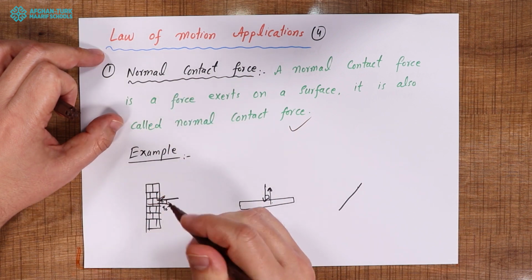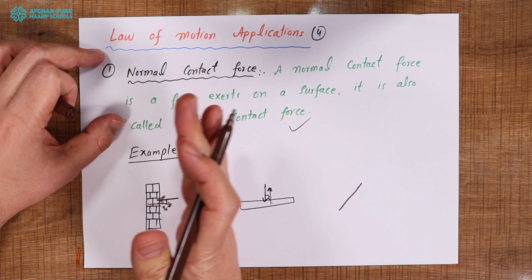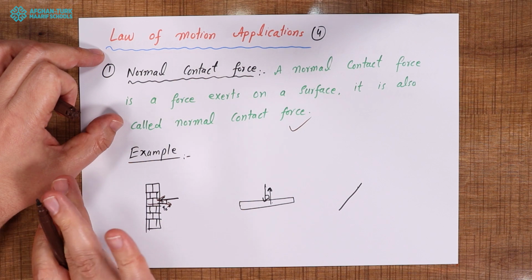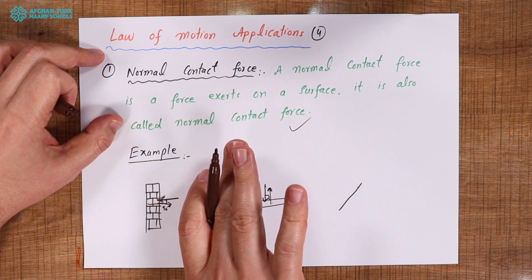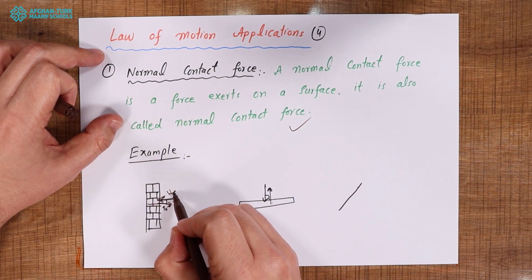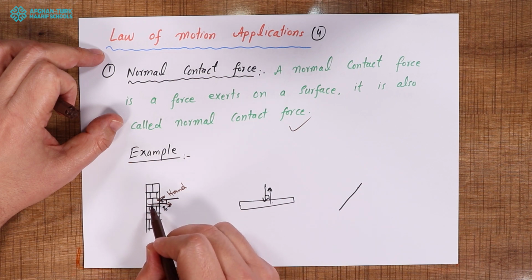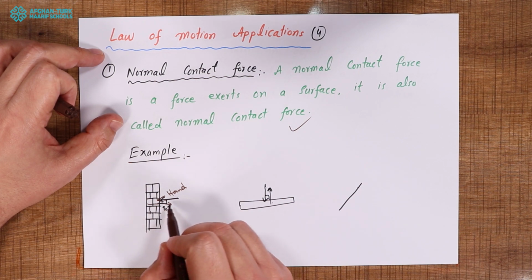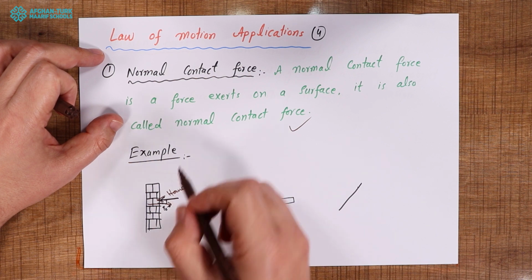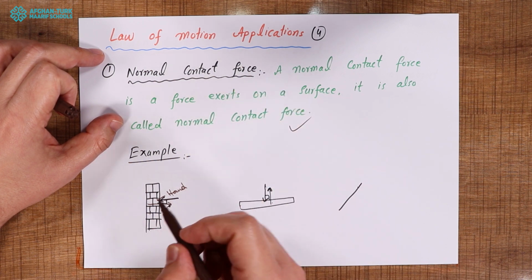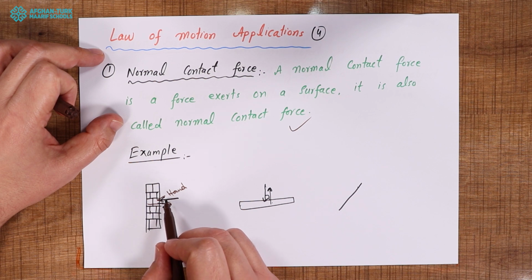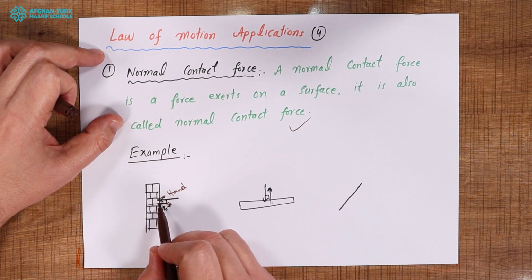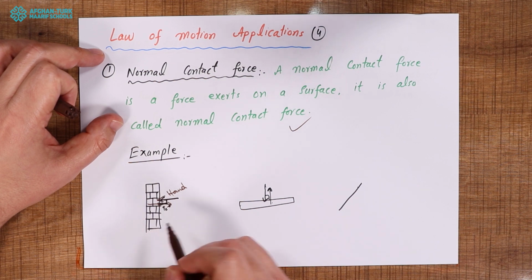Let's suppose I put my hand on the wall and apply force, so the wall also applies a force on my hand. This is the normal force. Contact means these two are touching. And always remember, the normal contact force is always perpendicular to the surface.